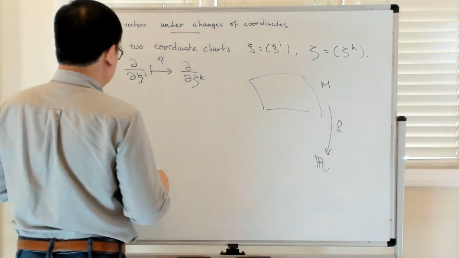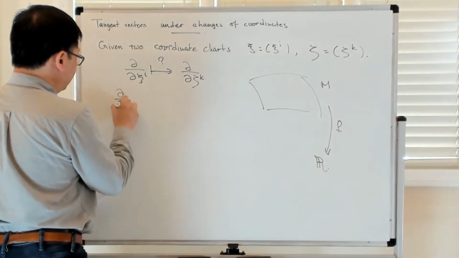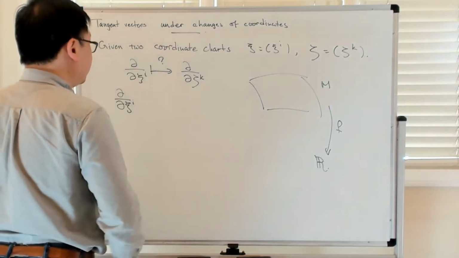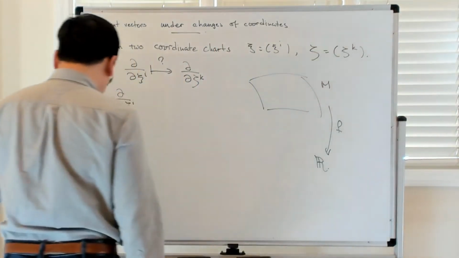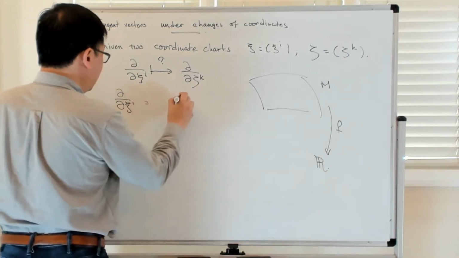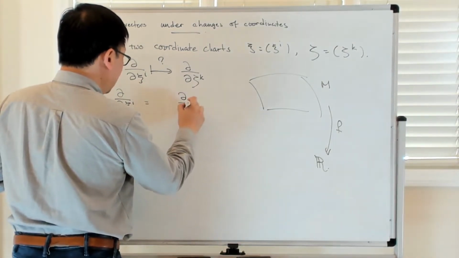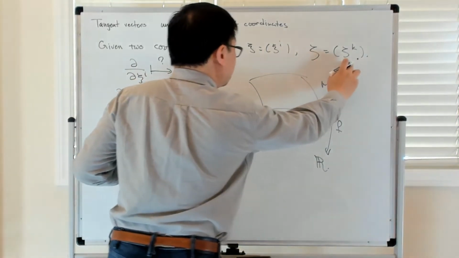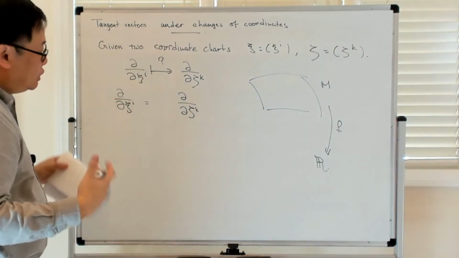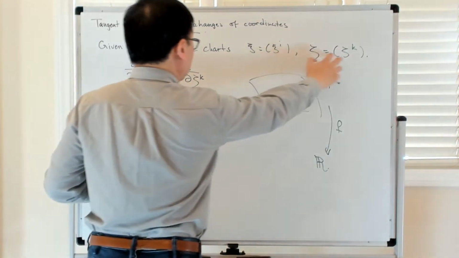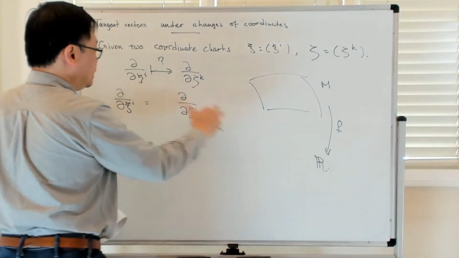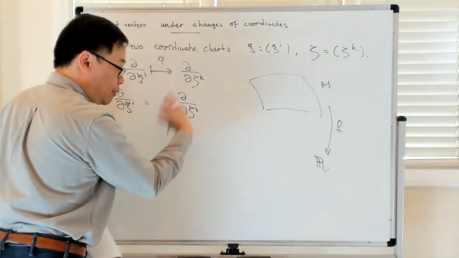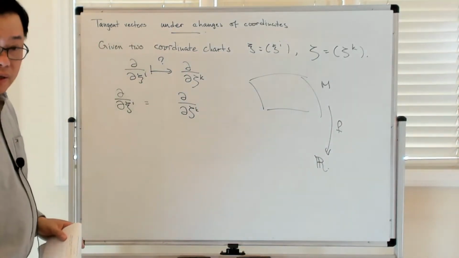So what ends up happening is that if you look at one of these directional derivatives with respect to the first coordinate chart, it's going to be related to a linear combination of the basis for the tangent space with respect to the second coordinate chart. As you might expect, both of these coordinate charts induce bases for the tangent space, so you should be able to write any tangent vector as a linear combination of tangent vectors in the other basis.